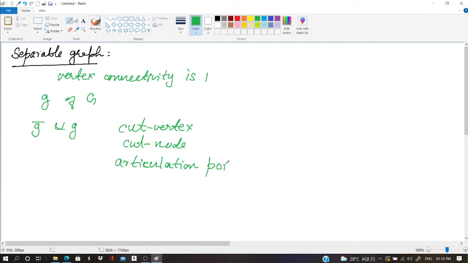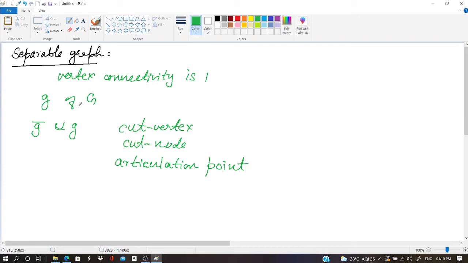So what is meant by the cut vertex? In a separable graph, a vertex whose removal disconnects the graph is called a cut vertex. Now from the above example, in figure C, V is a cut vertex, and in figure A, V4 is a cut vertex. In a tree, every vertex with degree greater than 1 is a cut vertex.